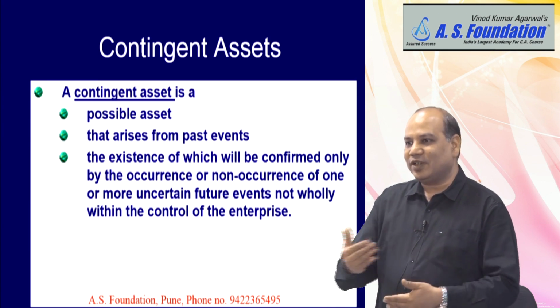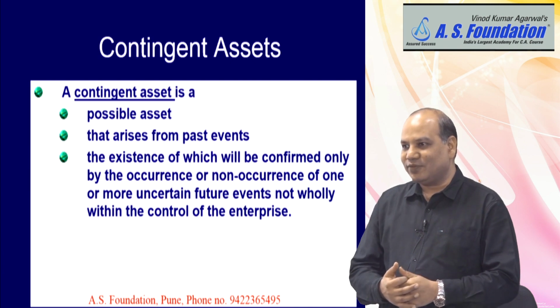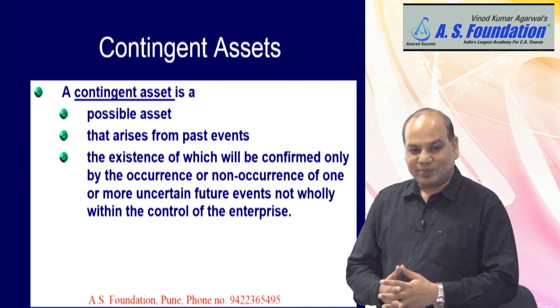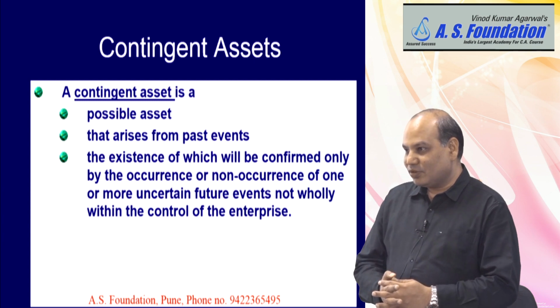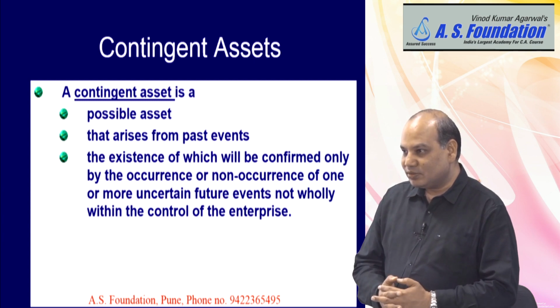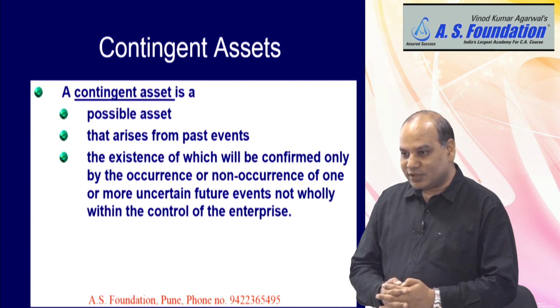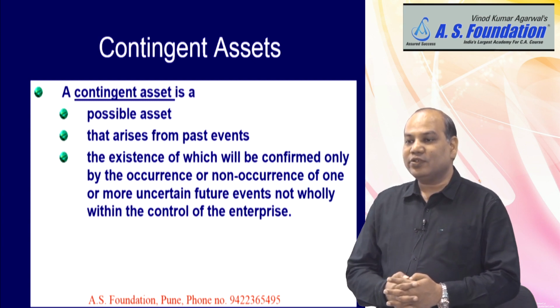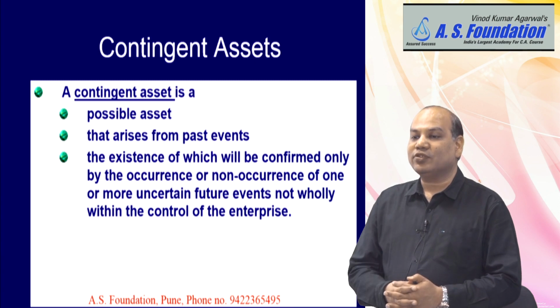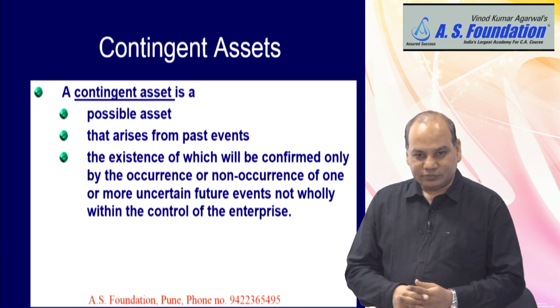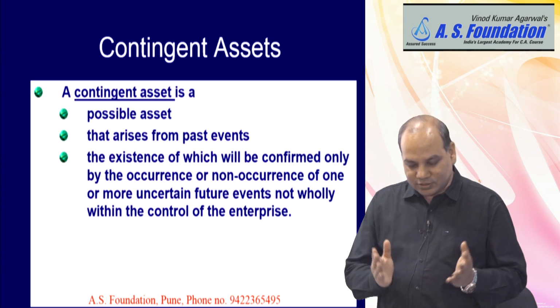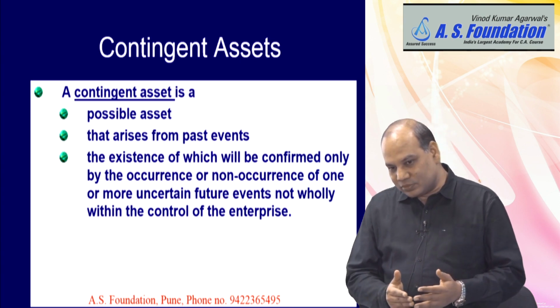So, company has filed a case against the competitor for violation of trademark and company wants a claim of 5 crore rupees. Will it be recognized as an asset? No. Concept of prudence. You will recognize it only after winning the case, not before that. Is it right? Concept of prudence, conservatism.